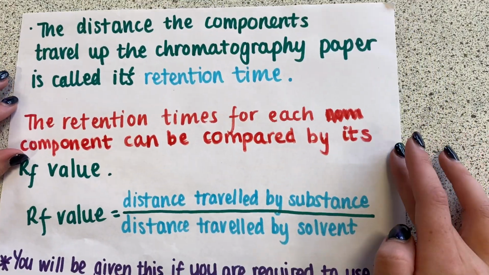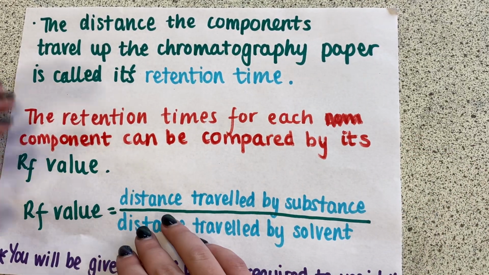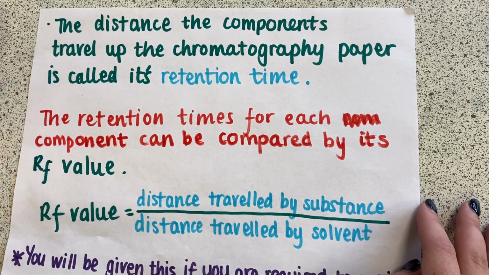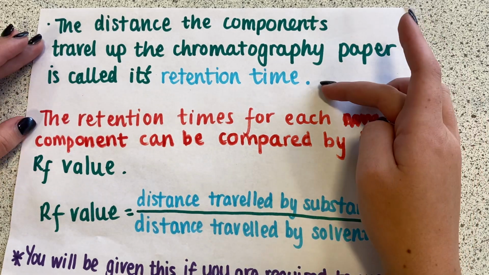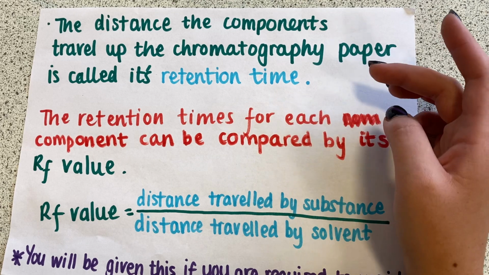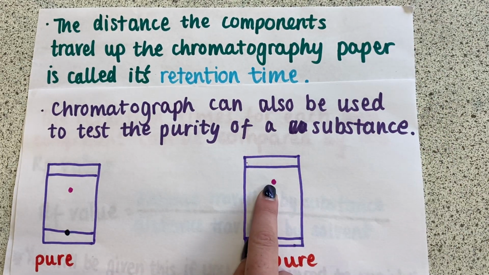When we're talking about the distance travelled, how far the dot goes up a piece of chromatography paper, the distance the components travel up the chromatography paper is called its retention time. The further it travels up, for example here, the higher the retention time.